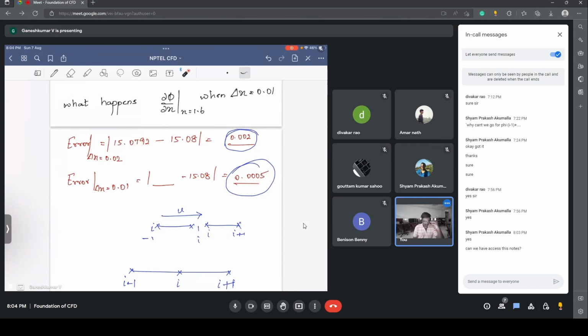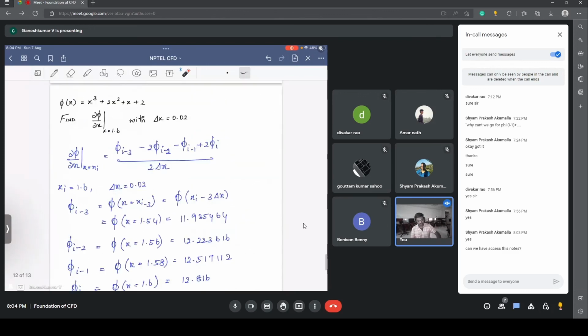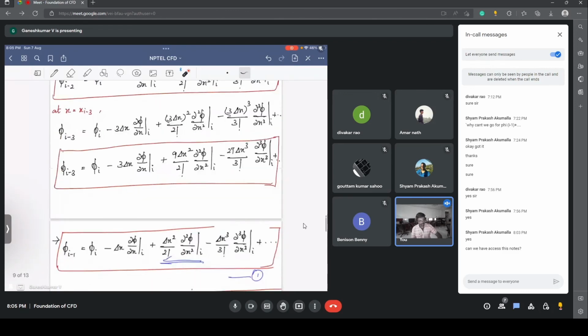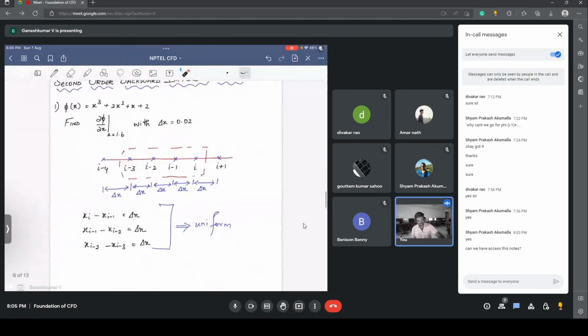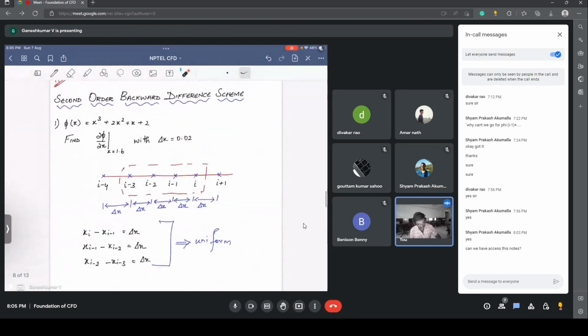Basically, from this exercise, what we can understand is that this is a mesh. The stencil we consider, we call this a stencil, or a grid, or nodal points. If you consider a delta x to be very small, you are going to get a more accurate result.